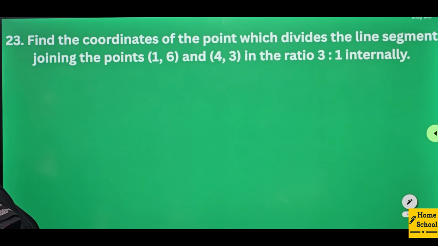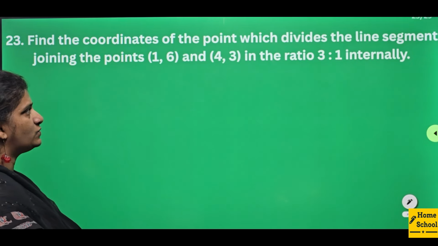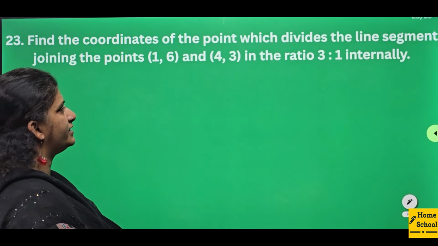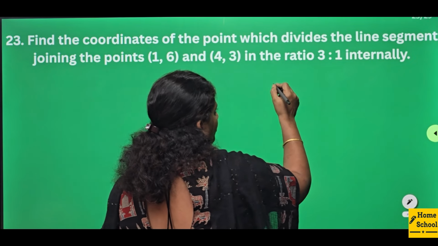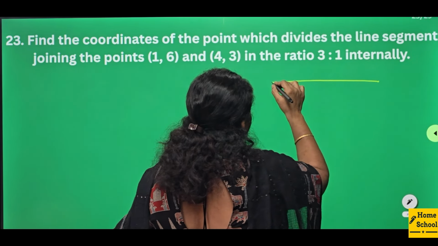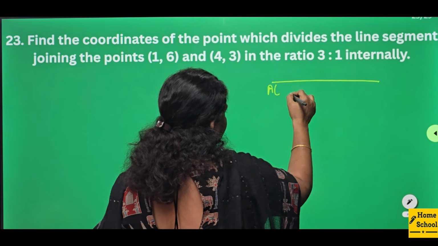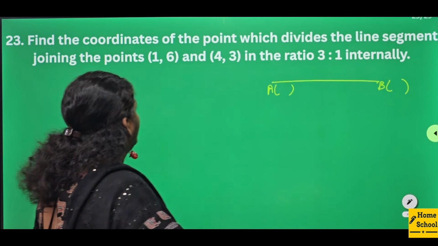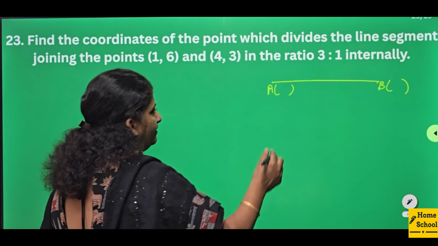23rd, find the coordinates of the point which divides the line segment joining the points (1, 6) and (4, 3) in the ratio 3:1 internally. So, in order to do these types of problems, first we need to understand what they have given. There is a line segment. Mark the line joining the coordinates as A and B. We need to find the coordinates of the point of division, right?